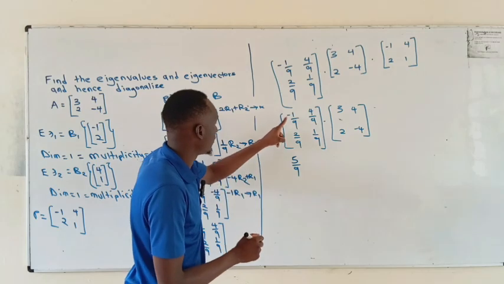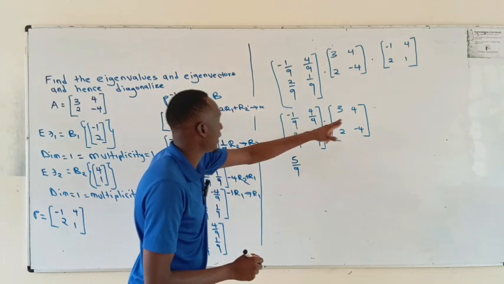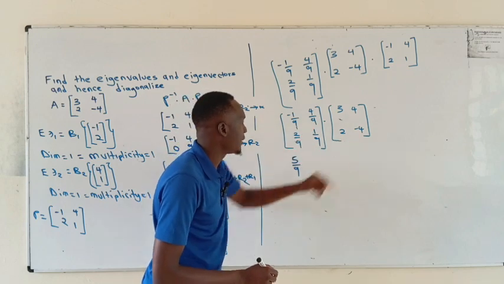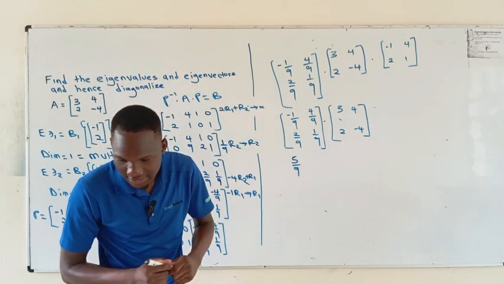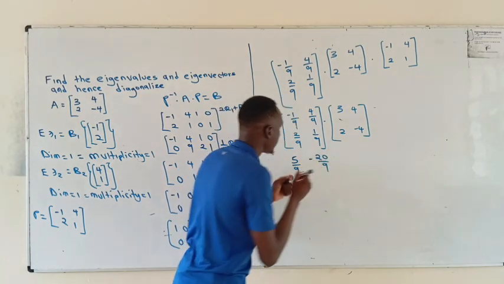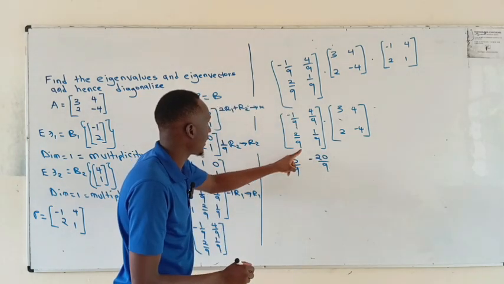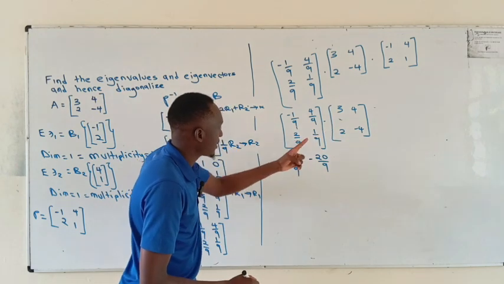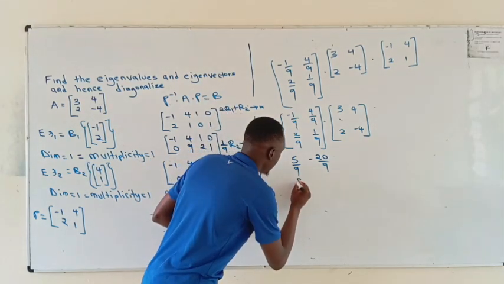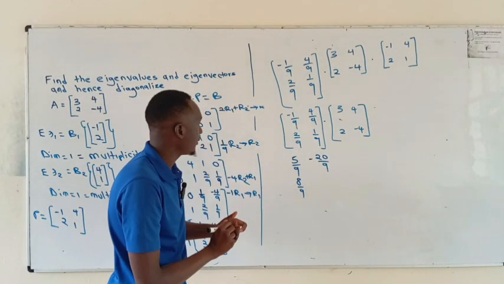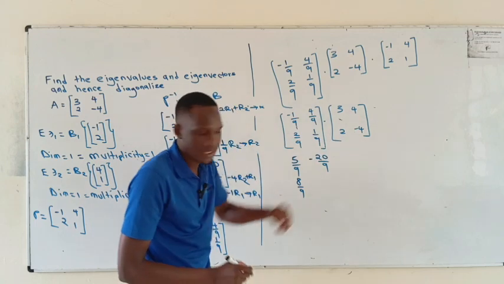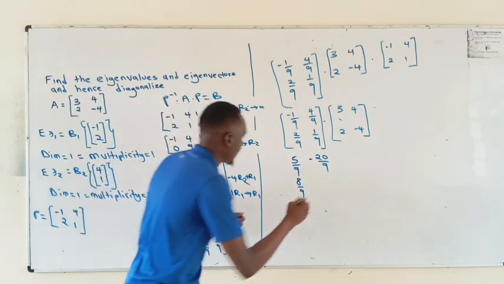Then we have negative 1 over 9 times 2 plus 4 over 9 times negative 4, which will give us negative 20 over 9. Then we have 2 over 9 times 3 plus 1 over 9 times 4, which will give us 8 over 9. Then we have 2 over 9 times 2 plus 1 over 9 times negative 4, which will give us 4 over 9.